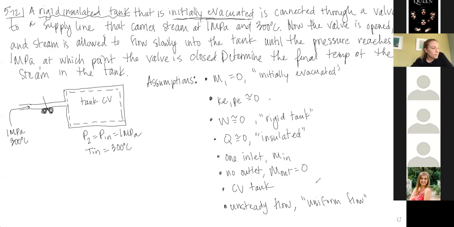Oh, sorry. Just asking, would we always be given the picture, like the rigid tank, for instance, or would we always have to draw it out and know instantly what to draw? For a problem like this, I would expect you to know how to draw a rigid tank with a supply line because it's pretty simple.